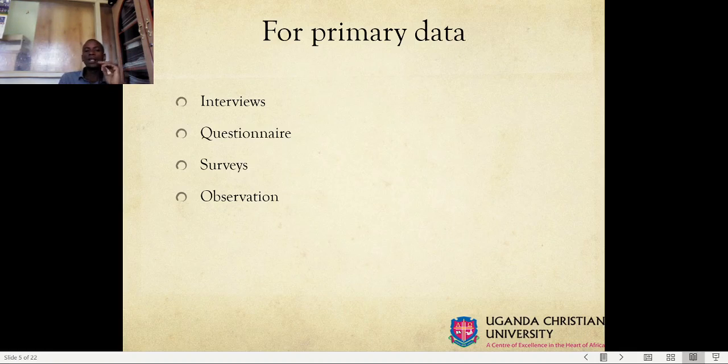The other thing I need to talk about is the kind of questions we have in a questionnaire. We can have open-ended or closed-ended questions. I've talked briefly about what to avoid while coming up with the questions. We said we should avoid having so many questions, sensitive questions, double-barreled questions, and biased questions.